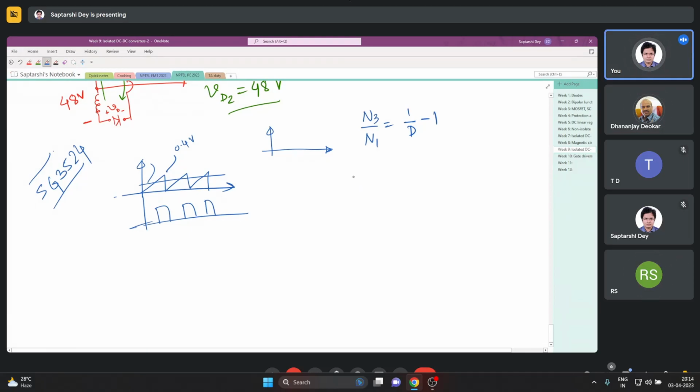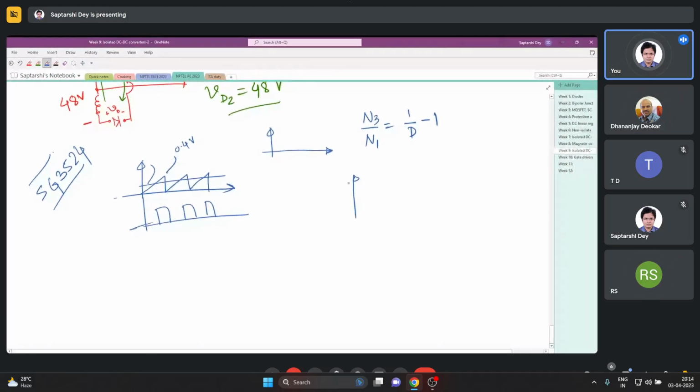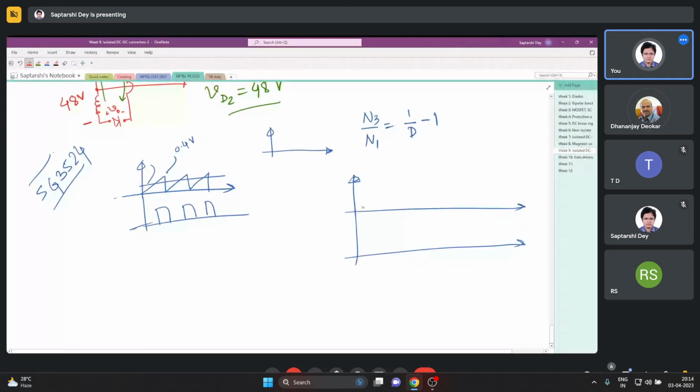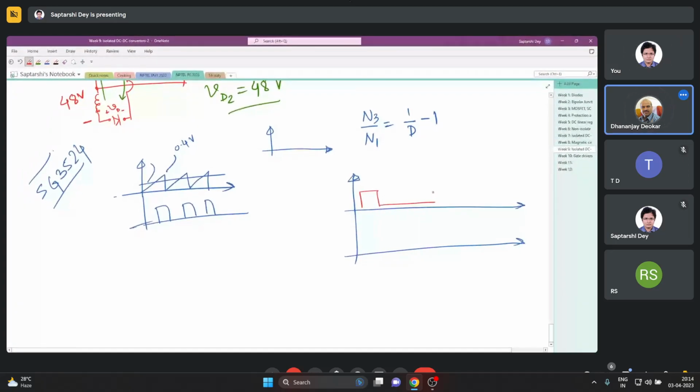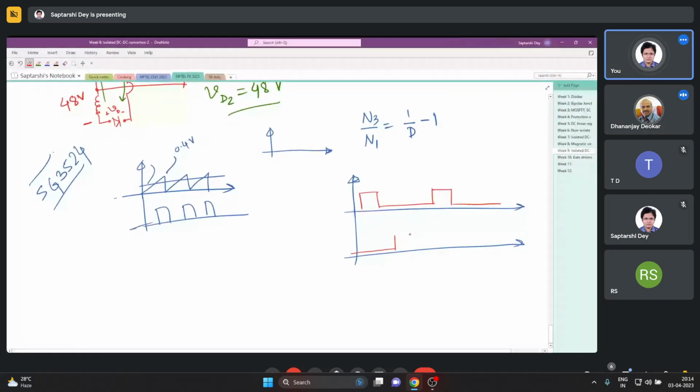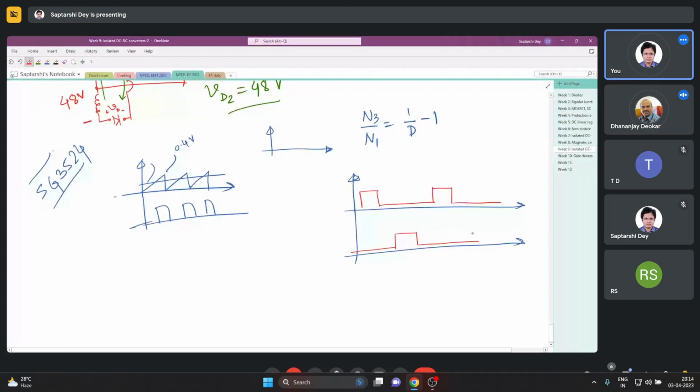Why I'm saying this is, this IC has two outputs. If one output generates a waveform like this, the other output simultaneously will generate a waveform like this.